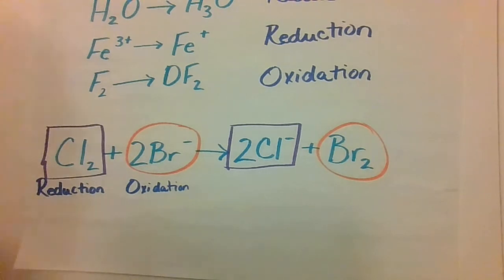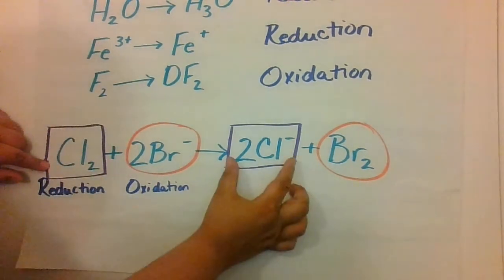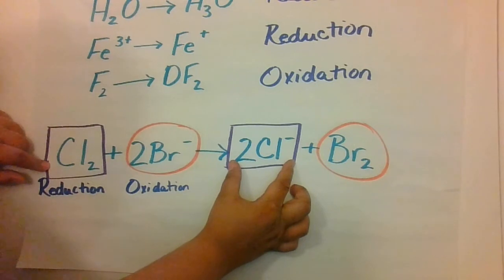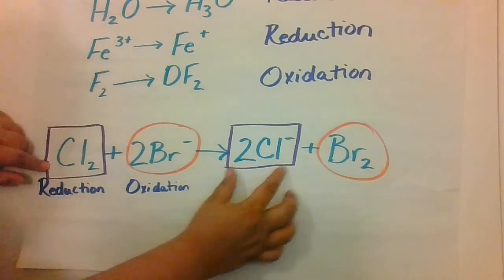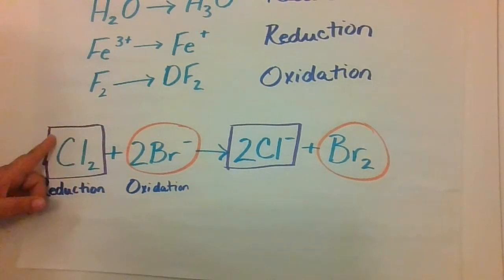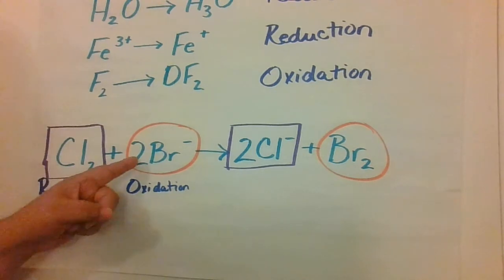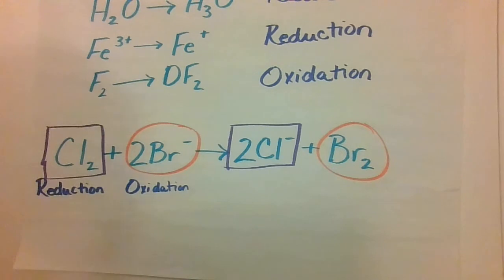So let's look at this in the sense of what I just stated that an agent is: the reason something was able to happen. If we look at Cl2, we know that a reduction happened once we arrived at our product side of our equation. But because of this one being able to reduce, it allowed my other compound to oxidize. So because Cl2 was present, Br negative was able to oxidize.